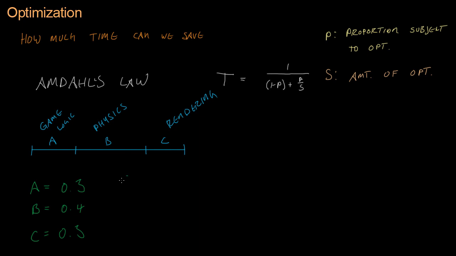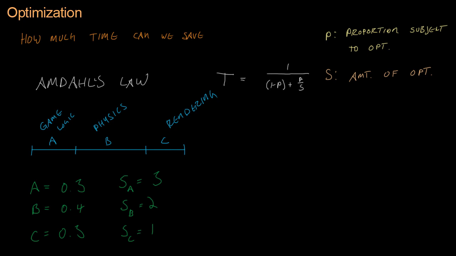And we know, using techniques that we're going to learn in some future videos, that we can increase the game logic by 3 times as much. We can make it 3 times faster. And we can increase the physics, that should be a B, by 2 times as much. But we haven't hired any rendering engineers, and so we don't know how to increase the speed of the rendering.